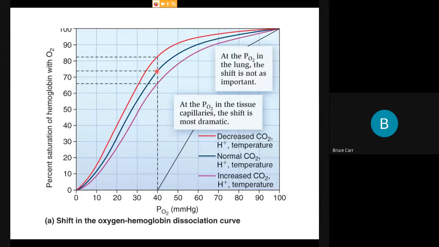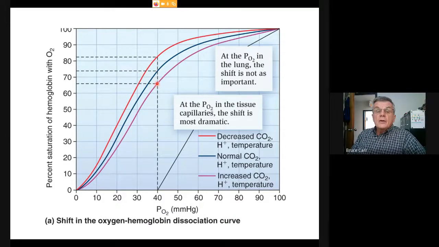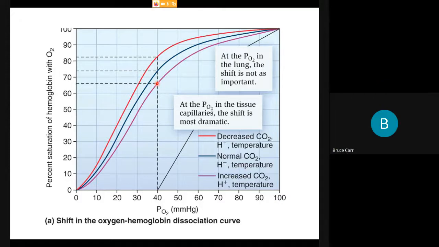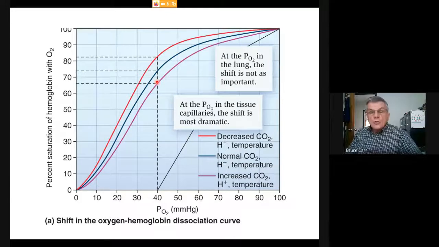When you go into exertion compared to rest, what happens to the saturation kinetics of hemoglobin? What you'll see is that it goes from being 74% saturated down to about 66% saturated. That means that hemoglobin under those conditions is going to release more and more oxygen. That means greater oxygen delivery. And that's sort of where we left off last time.